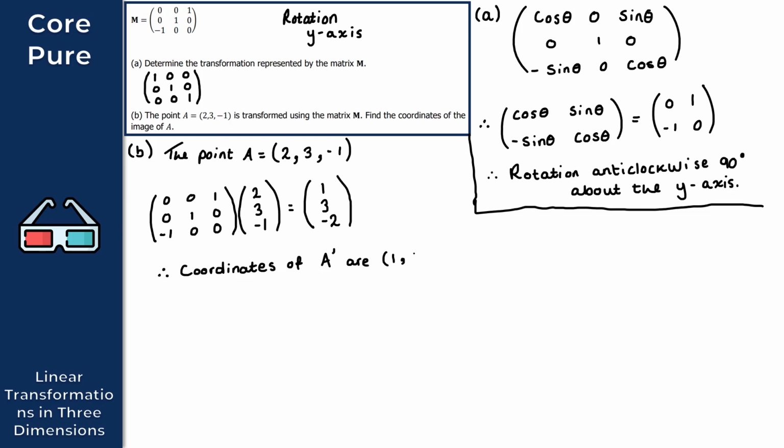Okay. And there we have it. So that gives us the solution to part B, and that gives us the solution to this question here. So that brings us to the end then of this video on linear transformations in 3 dimensions.